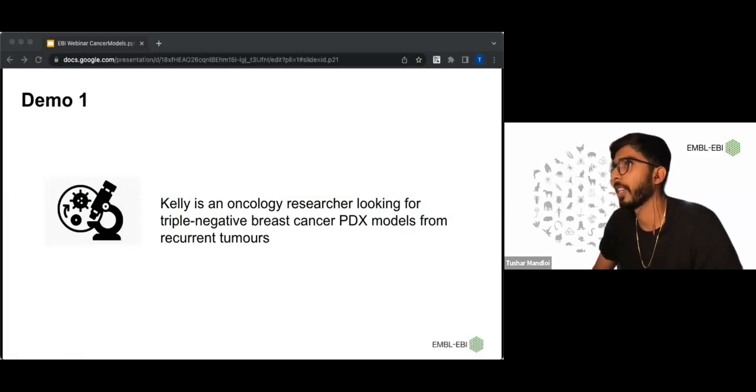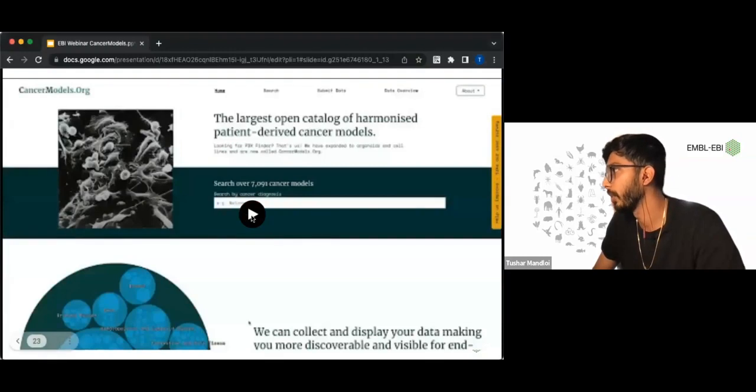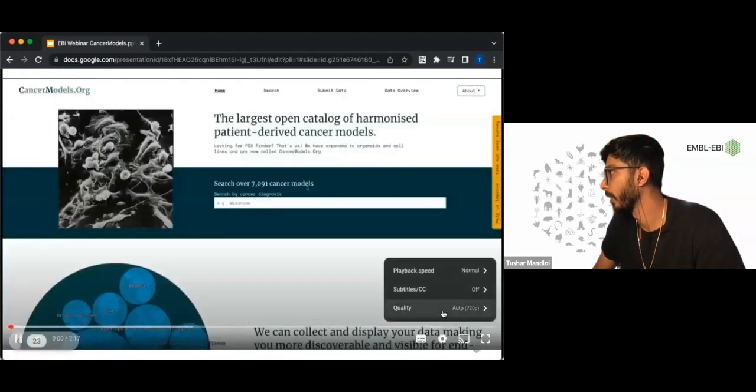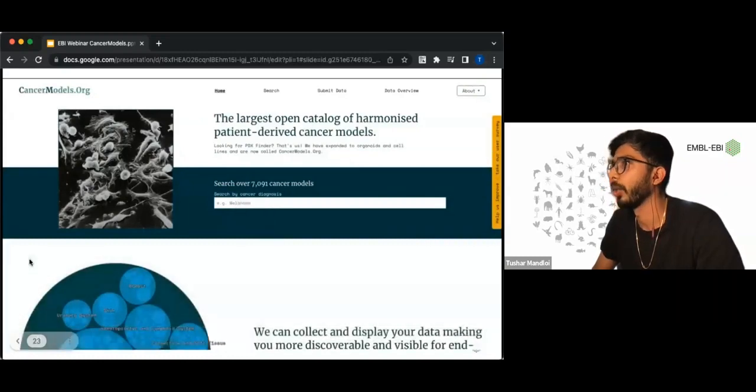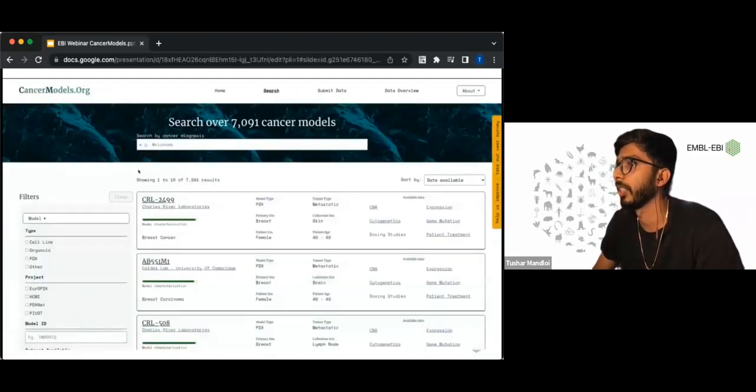So let's take an example that Kelly is an oncology researcher who's looking for triple-negative breast cancer models with recurrent tumor type. So Kelly visits cancermodels.org. She clicks on the search page for the models of her interest.